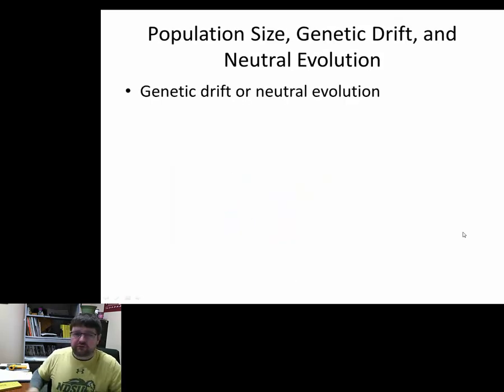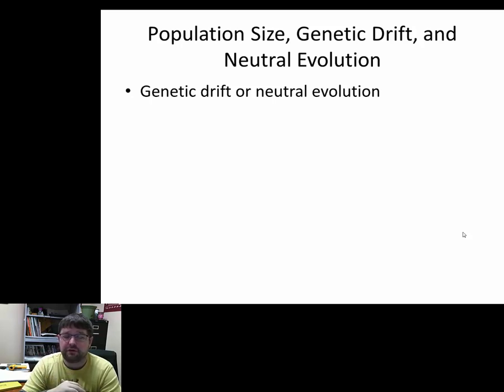Okay, so ways in which this can occur. One that occurs with endangered species often, or at least species with very small population sizes. If you remember Hardy-Weinberg, the very first rule for a population to fit Hardy-Weinberg equilibrium is that the population needs to be large.